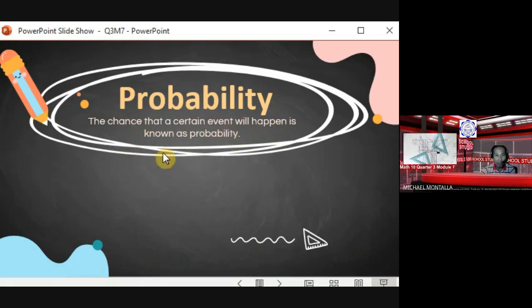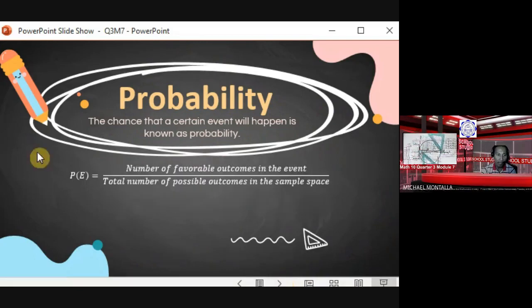Pag kinukuha natin yung percentage na may mangyaring event or happening or anything, okay, or activity, something like that, nagkakaroon ka ng tinatawag na estimation, nagkakaroon ka ng tinatawag na chance, okay, and that chance is what we call the probability.